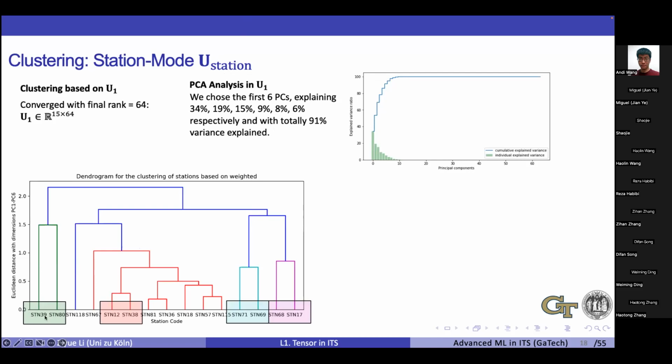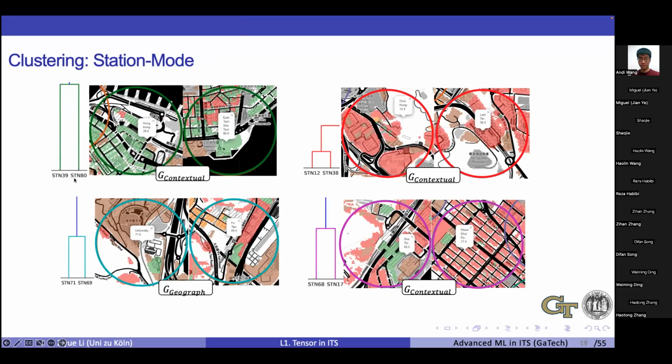For example, here, stations 39 and 80 are quite far apart, which means the two stations are geographically far. But you can see that they both have the green land use color, which means they have similar functions. That's what we call the contextual information.